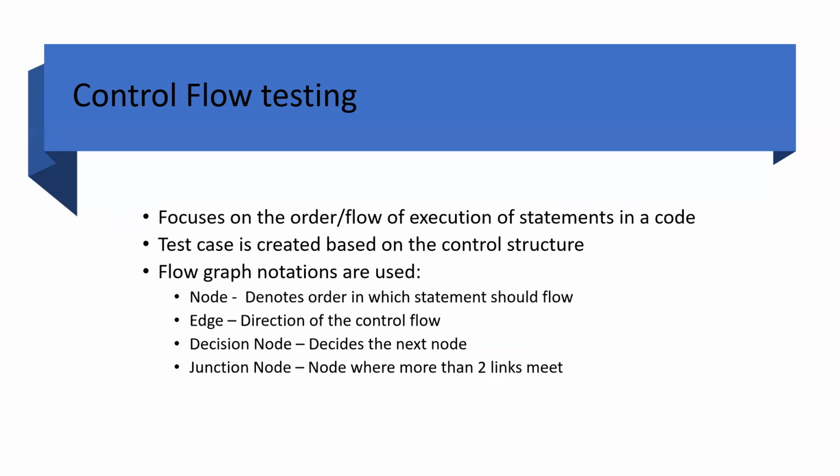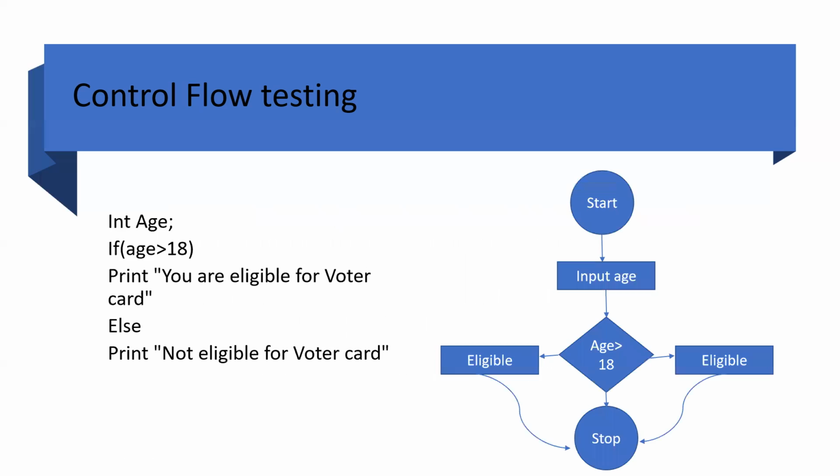And junction nodes: when this is going to end, or from a single statement multiple things happen, or from multiple things we reach the same statement. In this way, the junction node will come into the picture. Okay, so I'll explain with an example.